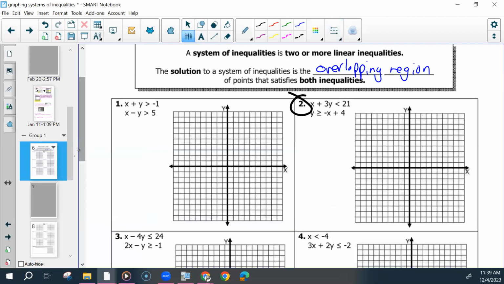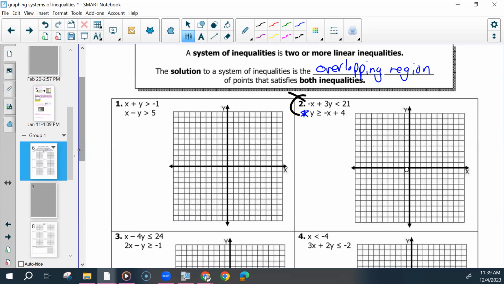This is very similar to the first problem we did where we have to solve one of them and then graph the other. It doesn't matter which one you do first. Again, I would recommend using 2 different colors or shading in 2 different directions. I'm going to graph this one first since it's already in slope-intercept form.